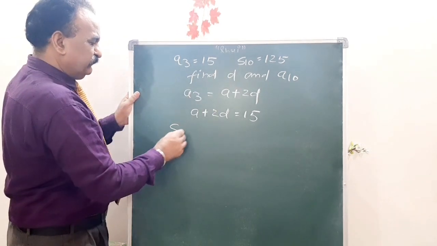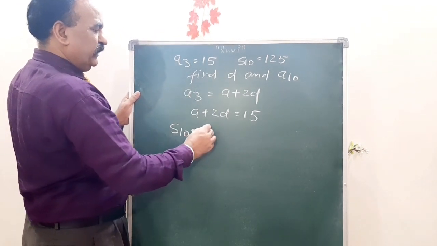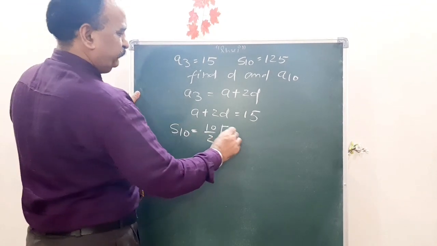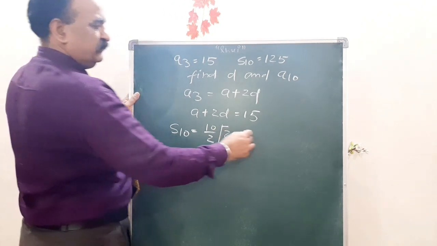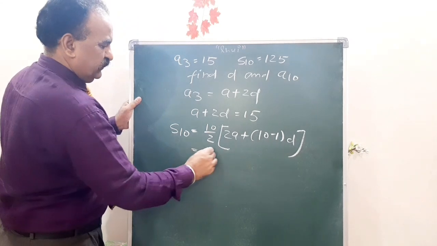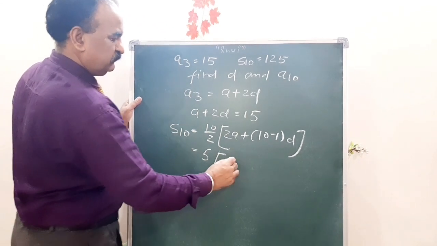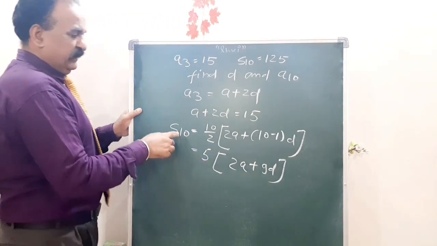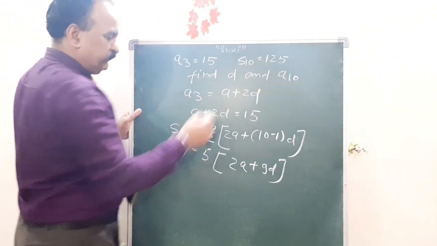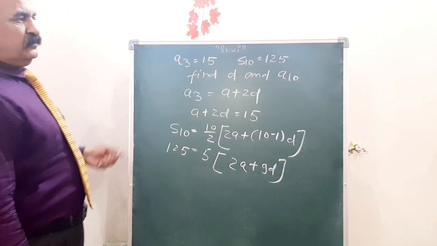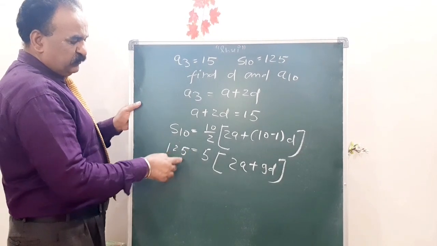It means S10 is equal to n by 2 into bracket 2A plus (10 minus 1) into D. It means 10 by 2, that is 5, into bracket 2A plus 9D. And S10 is given to you as 125.